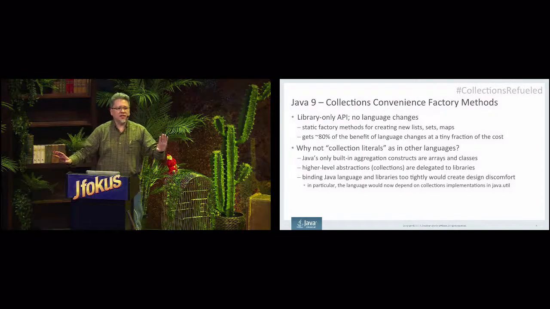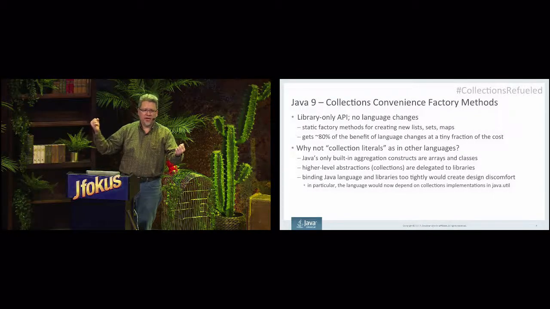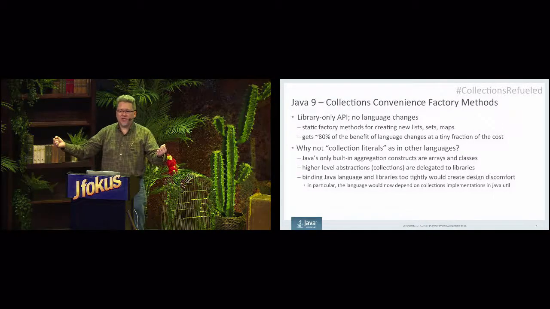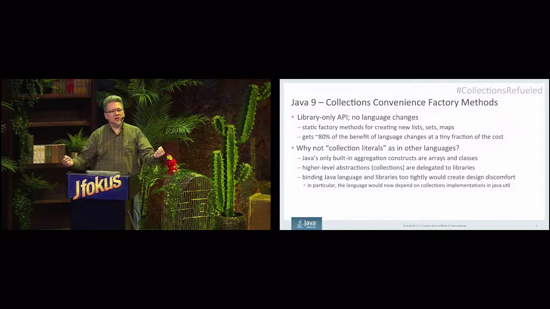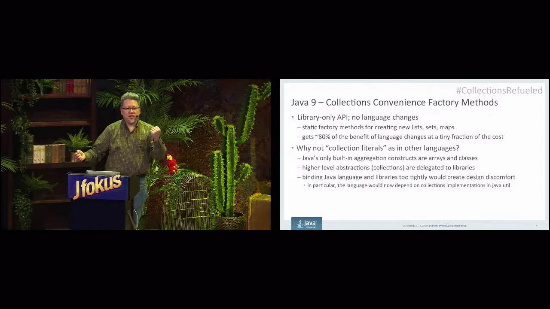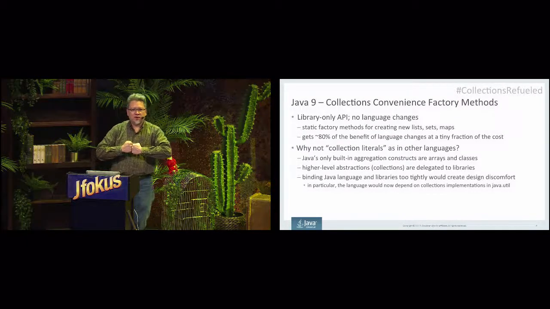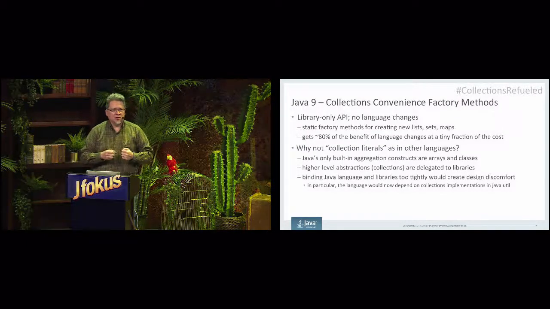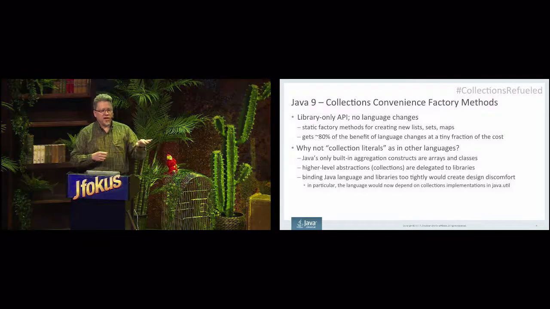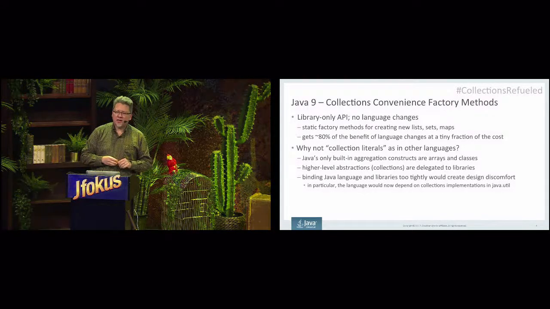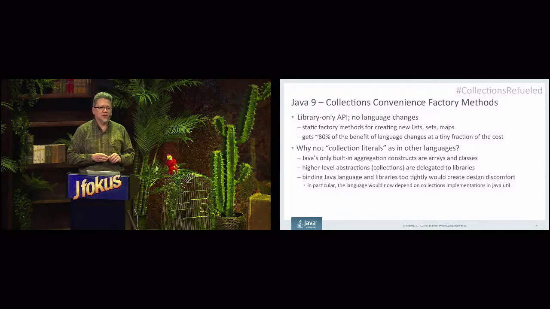There's not a tight binding between the programming language and the collections that exist in java.util. And if we added collection literals, then we would be making a very tight binding between them. And so that would mean that whenever you wrote a collection literal in your program, you would be talking about specific collections implementations in java.util, and we were very, very uncomfortable doing that.